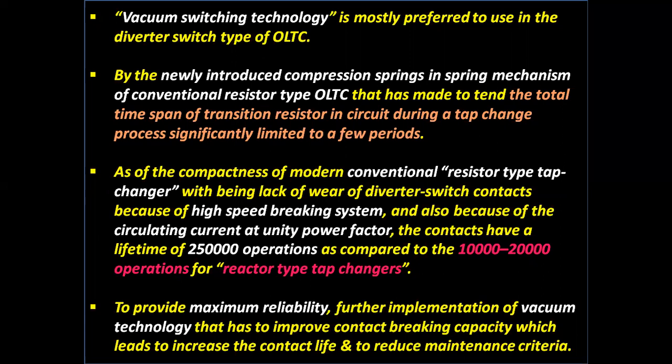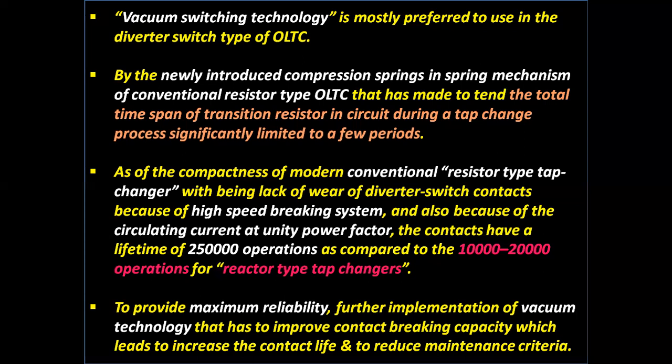As of the compactness of modern conventional resistor type tap changer, with the lack of wear of diverter switch contacts because of high speed braking system, and also because of the circulating current at unity power factor, the contacts have a lifetime of 2,50,000 operations as compared to the 10,000 to 20,000 operations for reactor type tap changers.